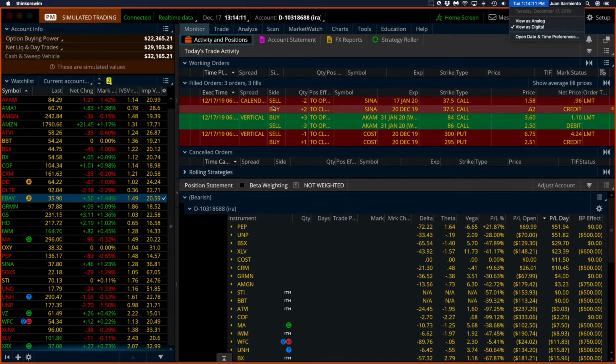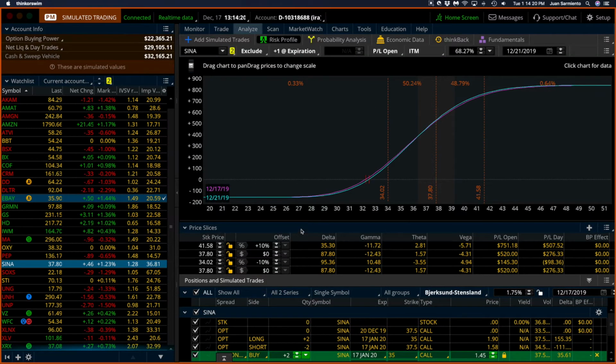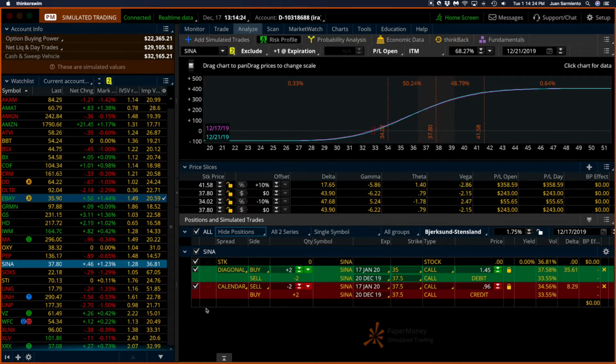So we have the CNAT transformation that worked. Let me say analyze trade, and you see that what we had was a diagonal.